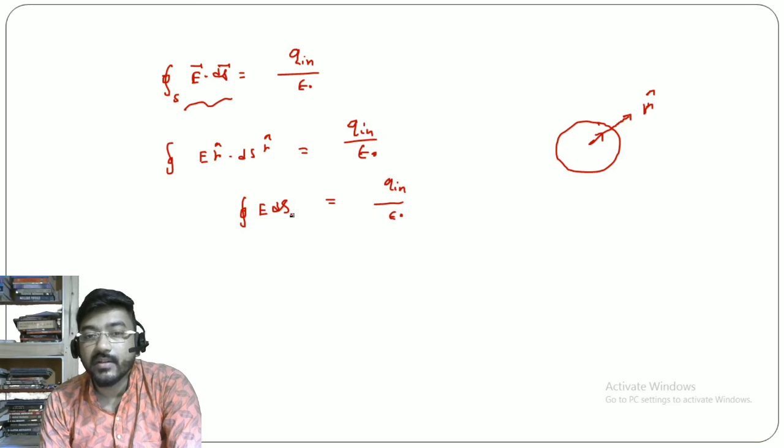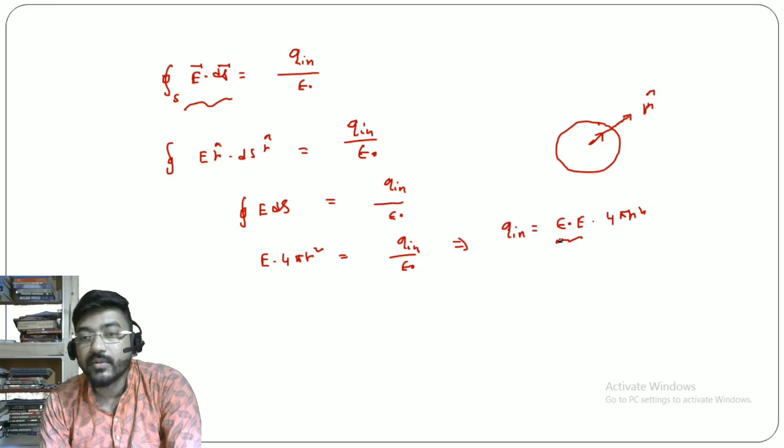E is constant over the surface, so it can be taken outside the integral, because E does not depend on the surface element; spherical symmetry is there. So it will be E into 4 pi r square, because the integral of ds is 4 pi r square. So E into 4 pi r square equals Q inside by epsilon zero. So Q inside is epsilon zero E into 4 pi r square.